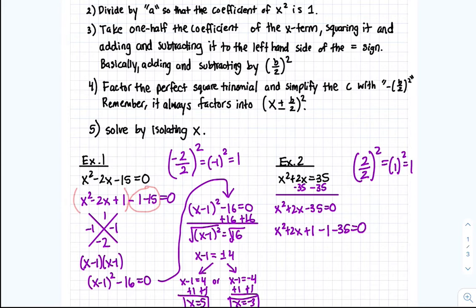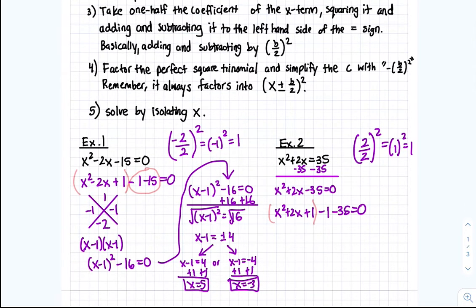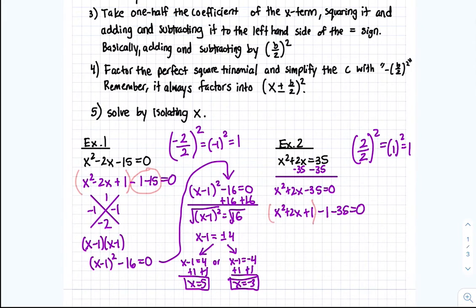Step 4. Factor the perfect square trinomial. So we're going to factor this. Now remember, it should give you something squared. So what two things multiply to 1 but added together give you 2? That's x plus 1. So it's going to be x plus 1 squared.